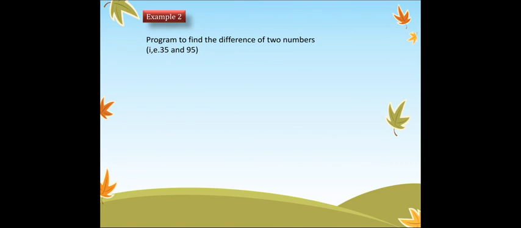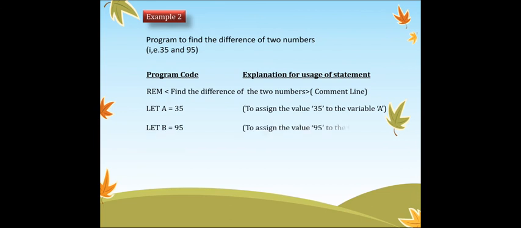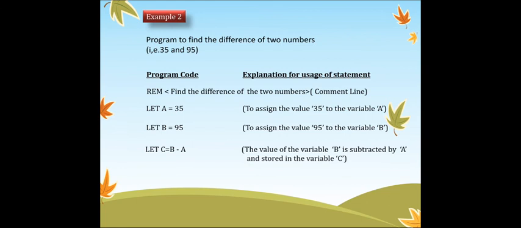Program to find the difference of two numbers, that is 35 and 95. Look at the program code and explanation for uses of the statement. First line REM, that is remark. Second line, again with the LET statement, you have to put a value in a variable a. Next line, you have to put another value in variable b. Then the third variable is c. There you have to show the difference between a and b.